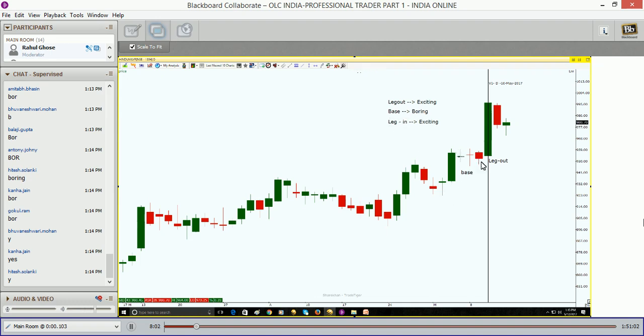Now next to these three base candles, this green candle, is it a boring candle or an exciting candle? Exciting. I call this exciting candle my leg in.